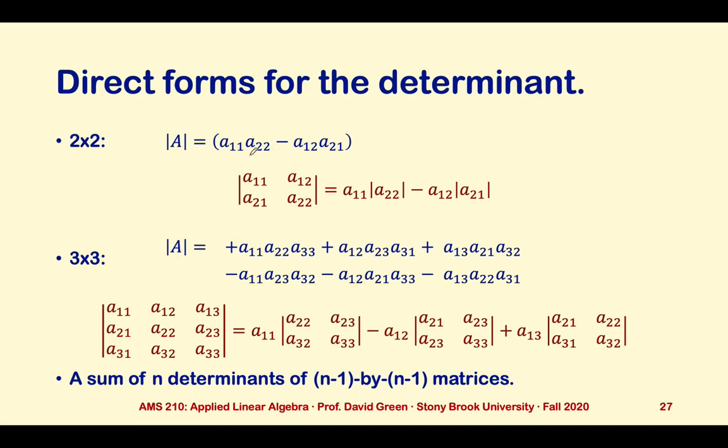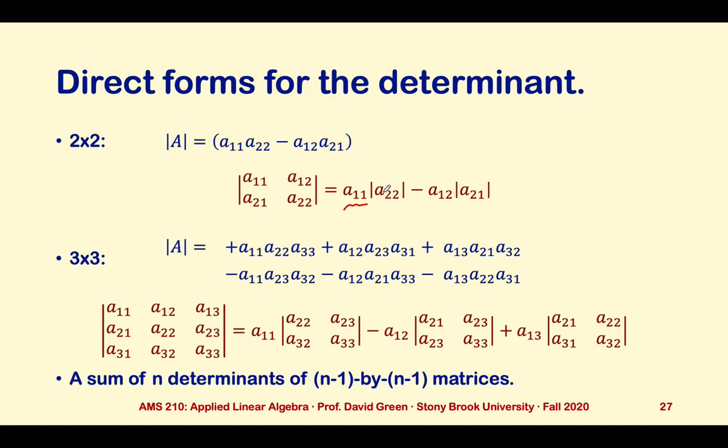Well, for the 2x2, we could write the determinant in the following way, as the product of A11 with the determinant of a 1x1 matrix, A22. Now, a 1x1 matrix is just a scalar.